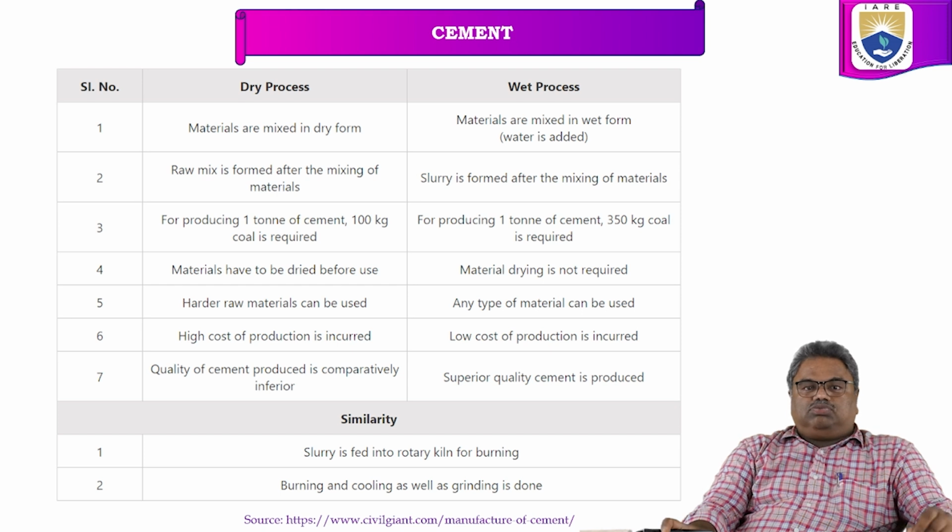Next, high cost of production is incurred in case of the dry process. In the wet process, we have a low cost of production. Then, the quality of the cement produced: in the dry process, we cannot ensure the quality of the cement, so it is comparatively inferior, right?